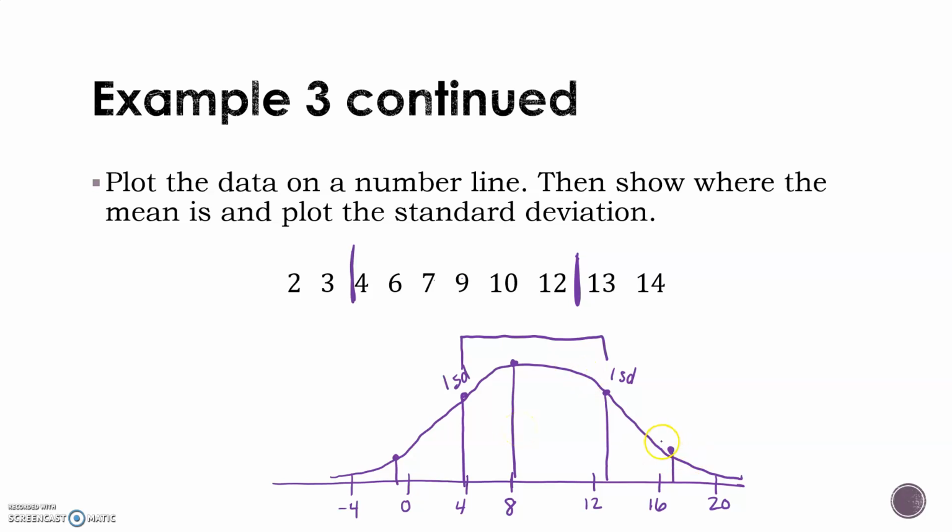And then 2 standard deviations away, I actually account for all of my values. Everything is within 2 standard deviations. So maximum, we're going to see 3 standard deviations away. You very rarely have something that's more than 3 standard deviations. And we can talk more about this tomorrow. But I wanted you to kind of see what it means. It's explaining how far away the data points are from that measure of central tendency.